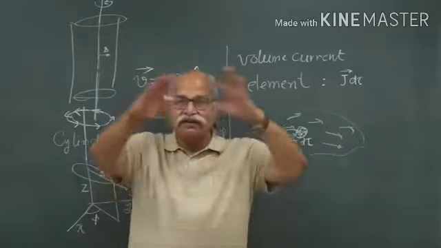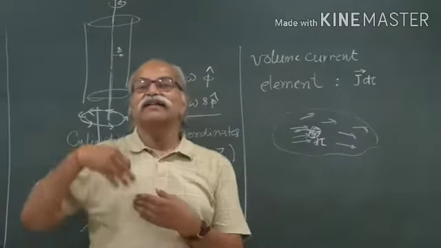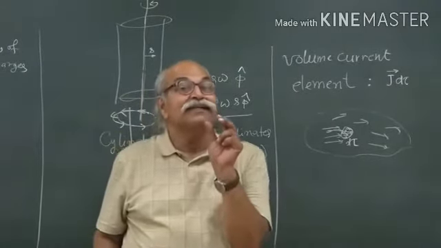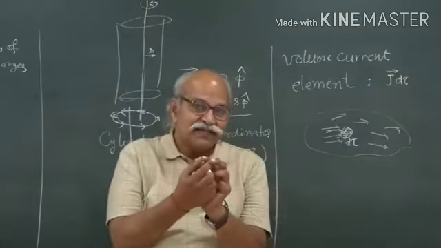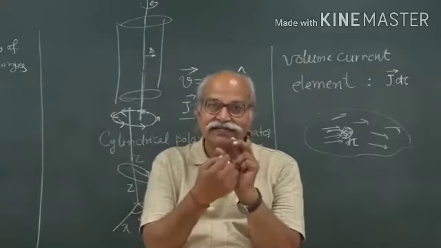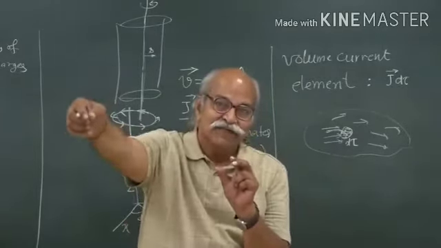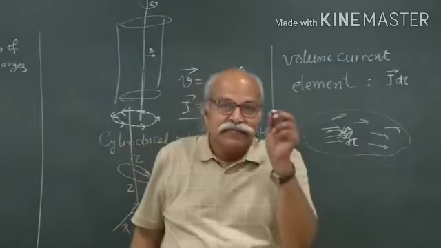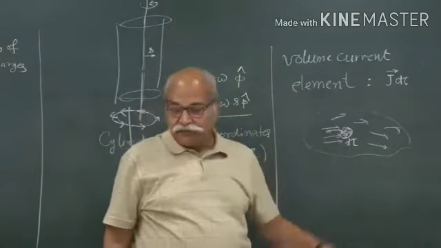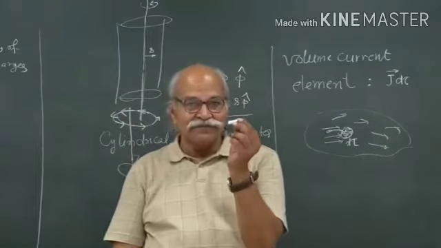So, we will have a current in a bigger volume, and suppose I need the magnetic field at a certain point due to this. We will first pick up a current element, and because of that small volume in which the current is there, for that much current, we find the magnetic field, and then we will integrate. So, we will need this concept of volume current element. For example, suppose you have a wire and in that wire current is going.